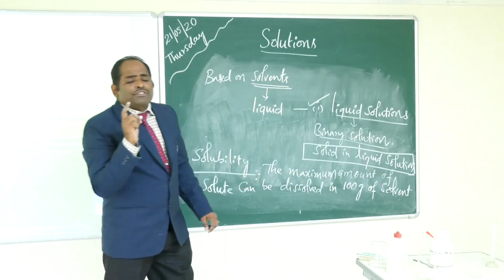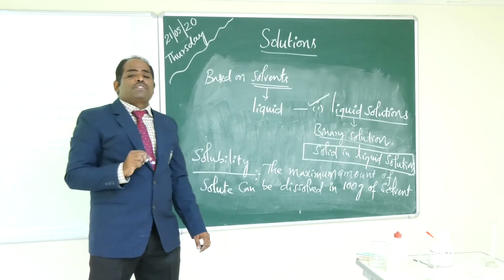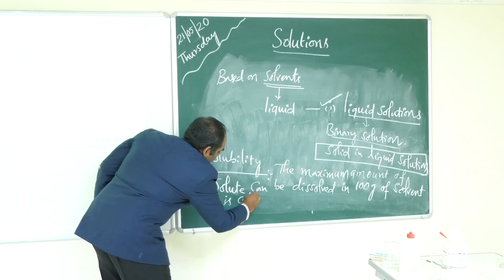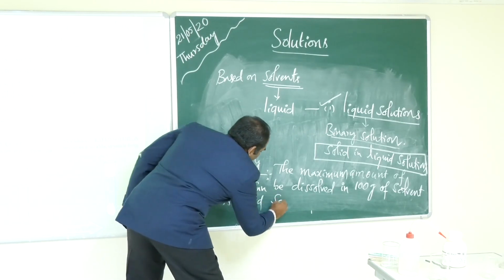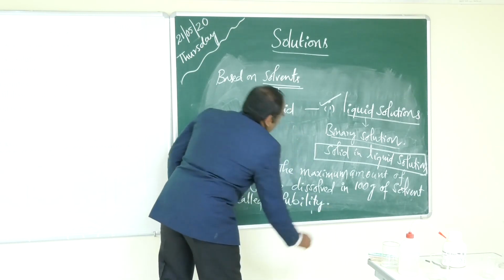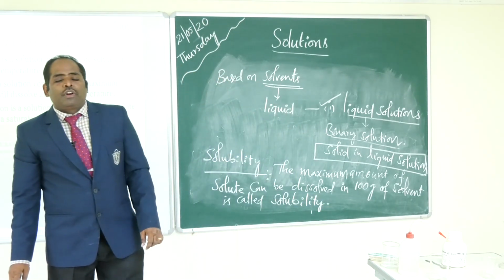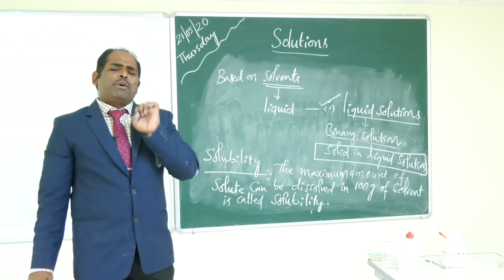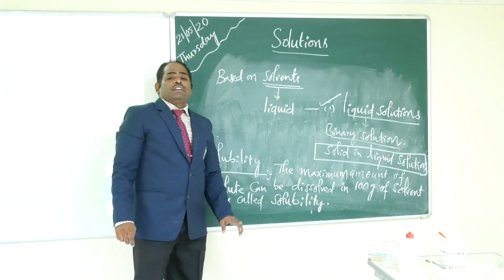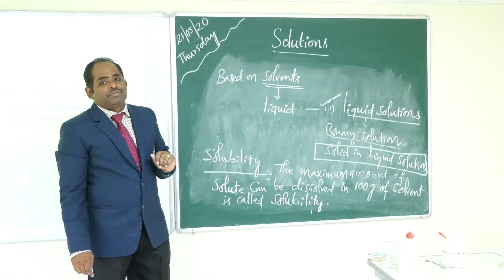The maximum amount of solute which can dissolve in 100 grams of solvent is called solubility. Yes, you got it. What is solubility? The maximum amount of solute which can dissolve in 100 grams of solvent, then that is called as a solubility.